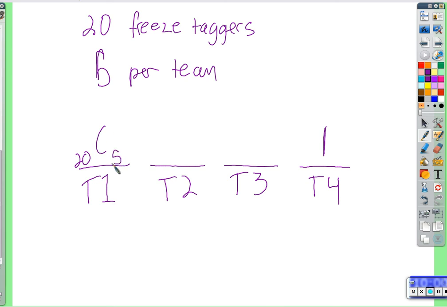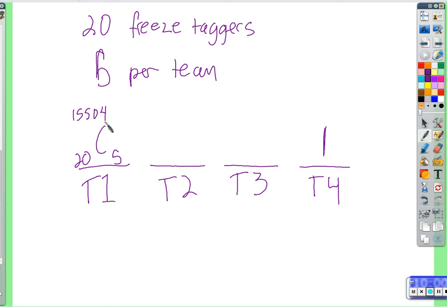There's a difference between how you write it and how you type it into your calculator. It was 15,504.